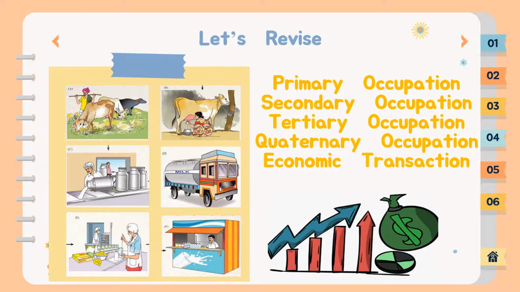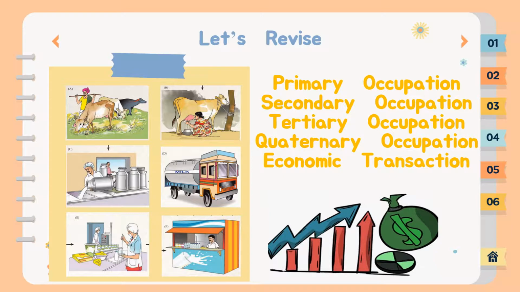Occupations dependent on primary occupations are known as secondary occupations. Examples of secondary occupations are production of durable goods, milk processing, etc. Occupations which provide complementary services to the primary and secondary occupations are known as tertiary occupations or service occupations.